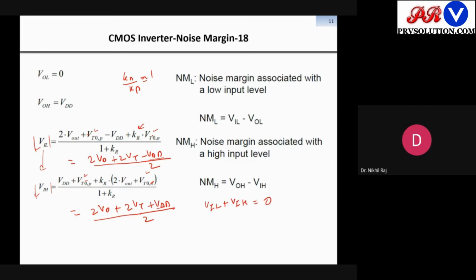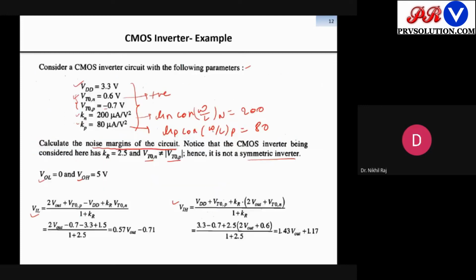We'll get 0. So for a perfect CMOS inverter, if the threshold voltages are the same and if KN and KP ratio is 1, then we say it is a perfect CMOS inverter. Since this one is not a perfect CMOS inverter, we have to calculate VIL and VIH separately.